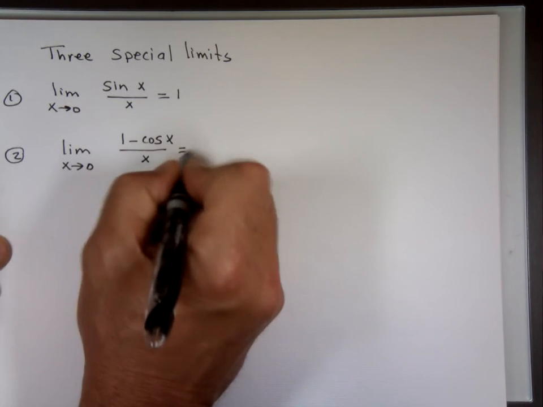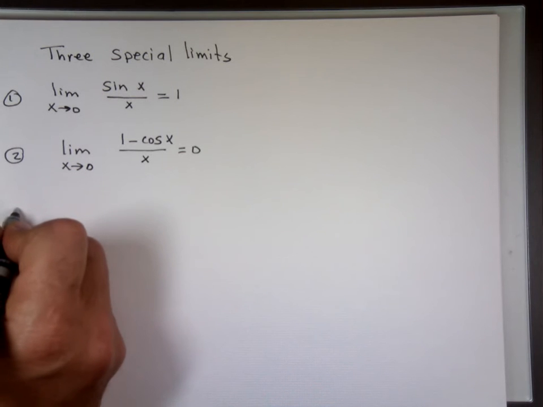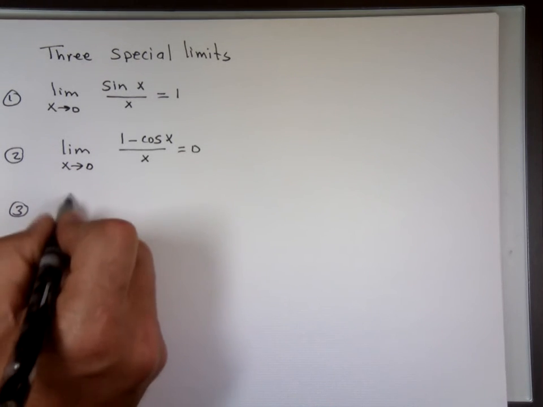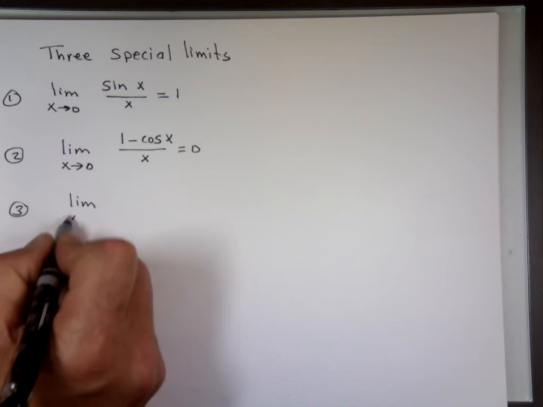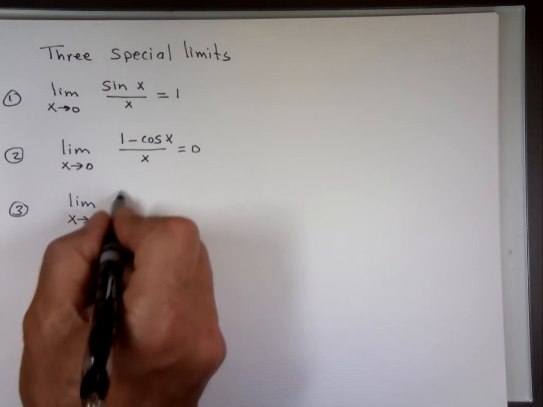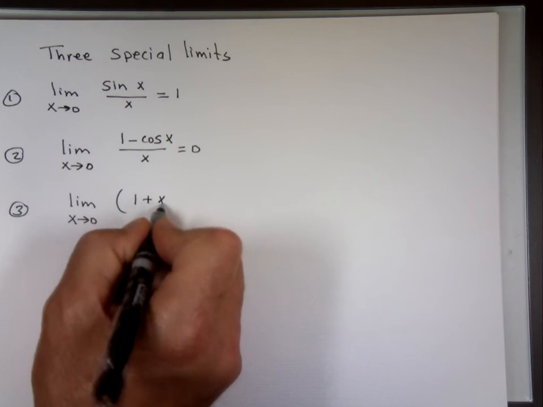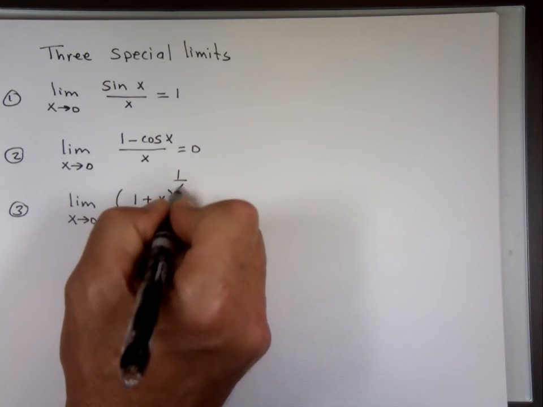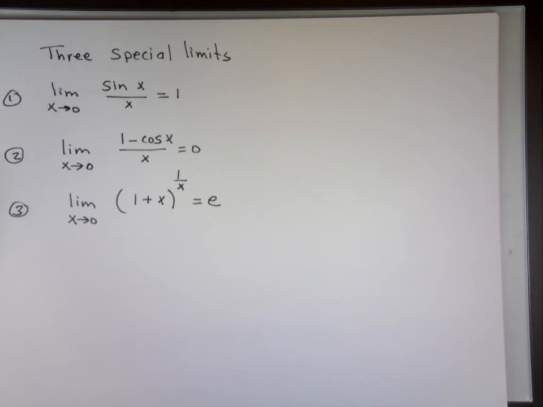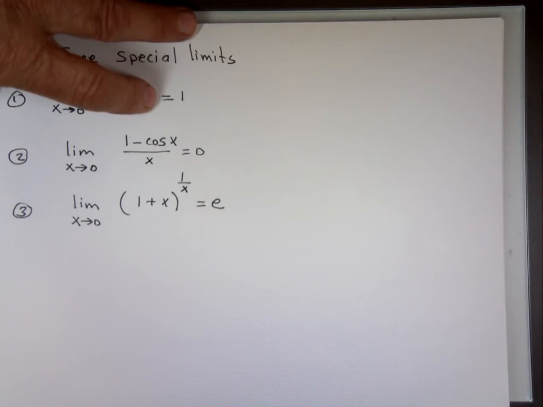And the third one, the limit as x approaches 0 of 1 plus x to the power of 1 over x, that's equal to e. Somebody came up with these, and they've been working for a lot of years.